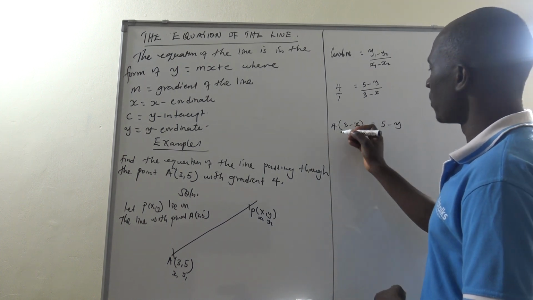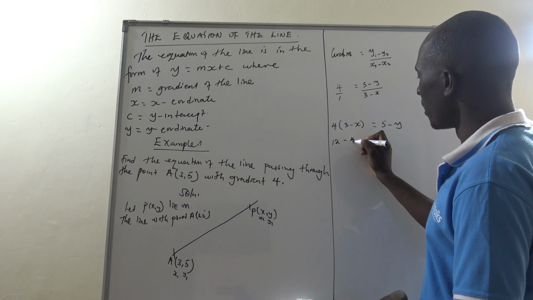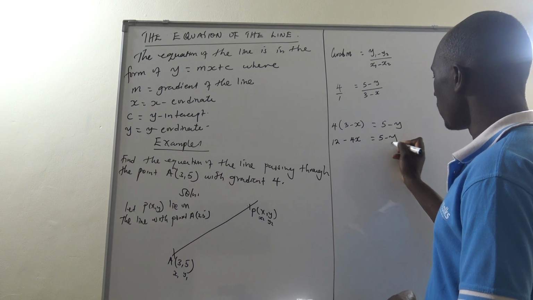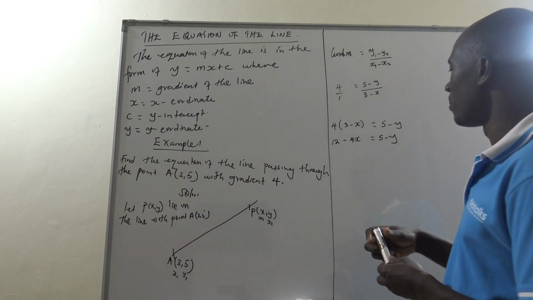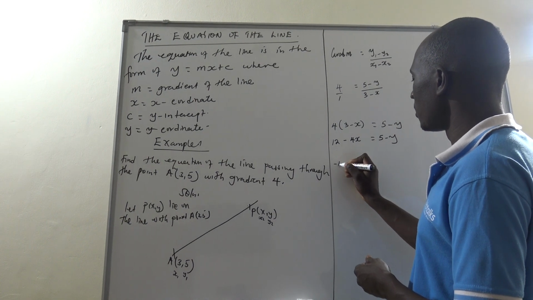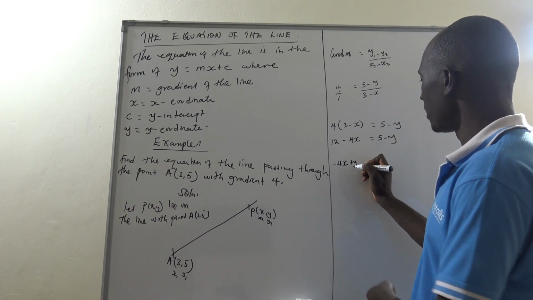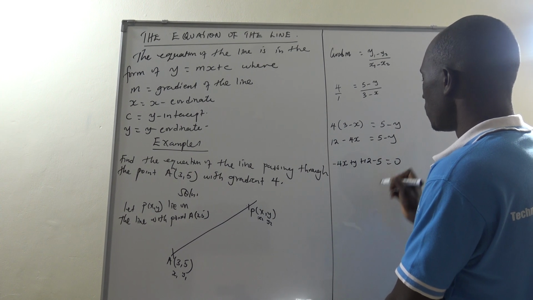Can we try to open? We are getting 12 minus 4x equals 5 minus y. So can we try to rearrange our equation? This one should come that side. So we are having negative 4x plus y plus 12 minus 5 equals 0.